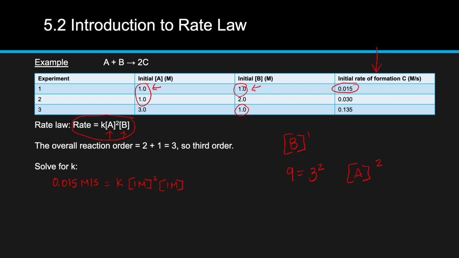So if you want to do our rate for experimental 2, then you'd have to use 1 for A and 2 for B. So now that we have that, we can go ahead and rearrange our formula in order to solve for K. So these 2 concentrations would combine to be 0.015 molarity per second equals K times 1 molarity cubed.